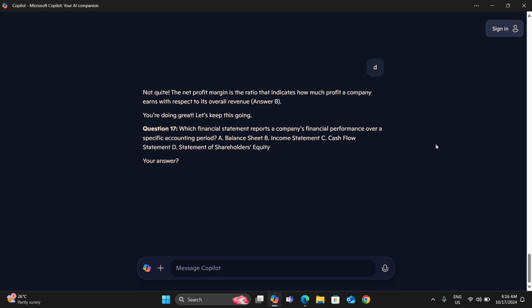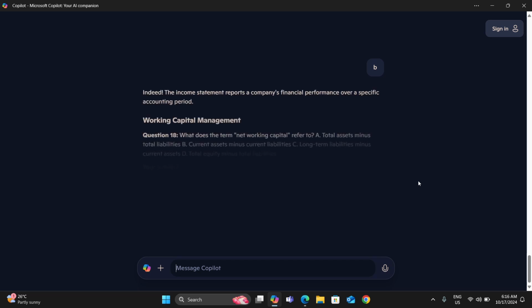Which financial statement reports a company's financial performance over a specific period of time? So that's income statement, performance. What does the term net working capital refer to? Net working capital, total assets minus total, no, it's net assets.